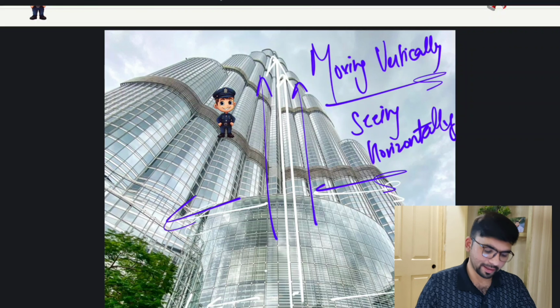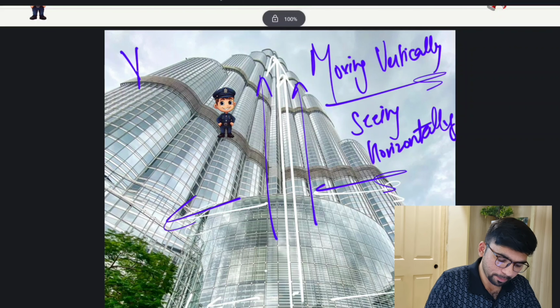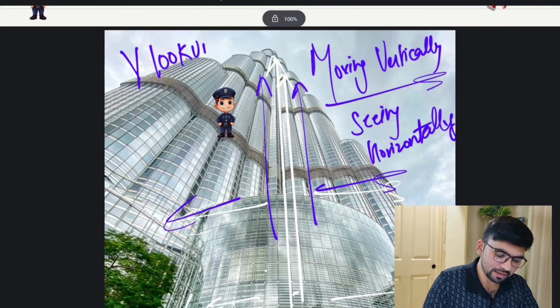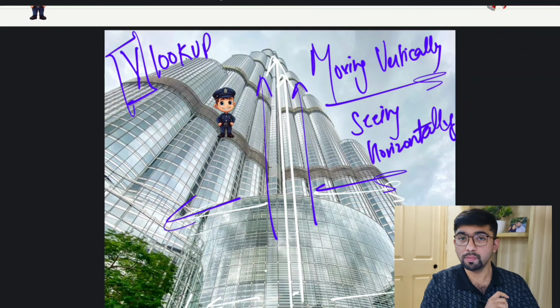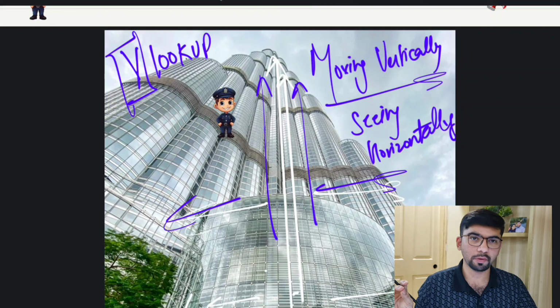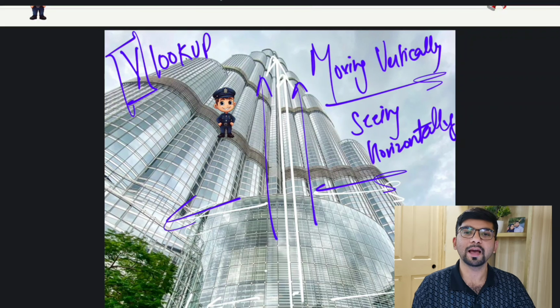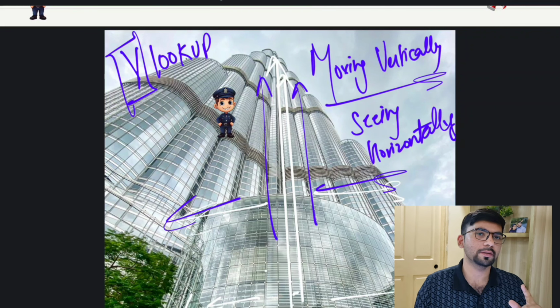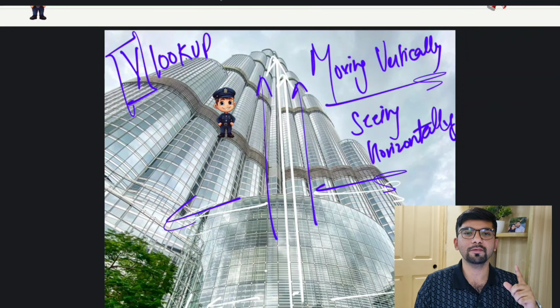This is known as VLOOKUP, where V stands for the movement direction, that is vertical, and seeing happens horizontally. You move like this, but you see like this. And this way, with both the horizontal lookup and VLOOKUP analogies, we understand them with a story and for a life.